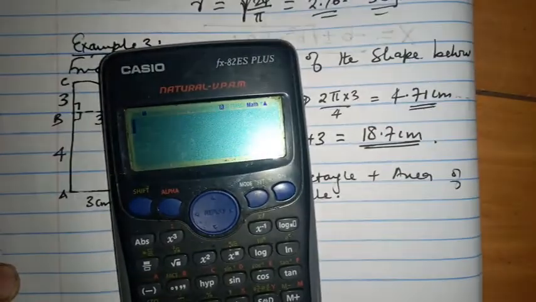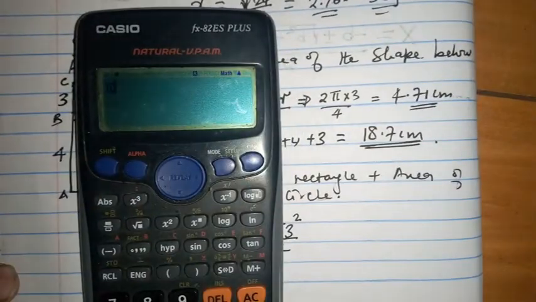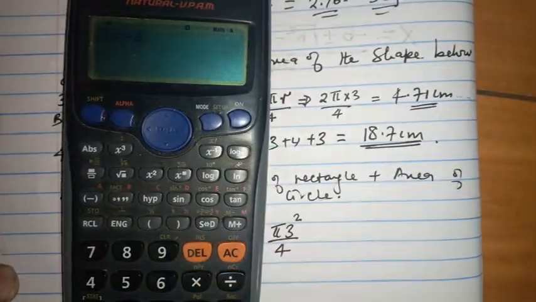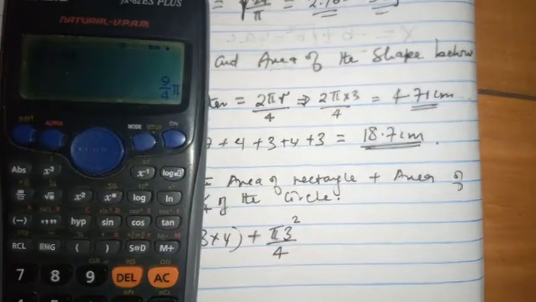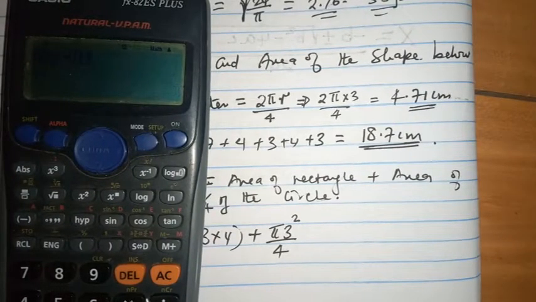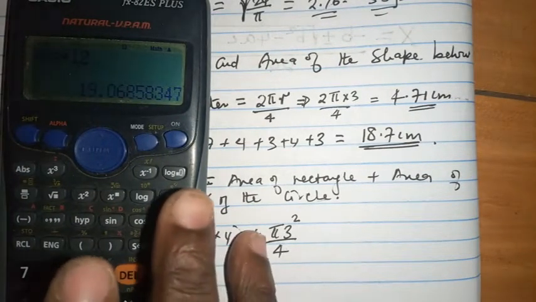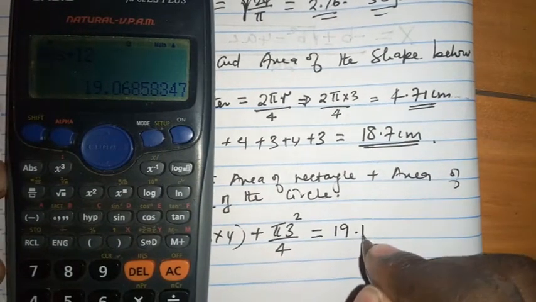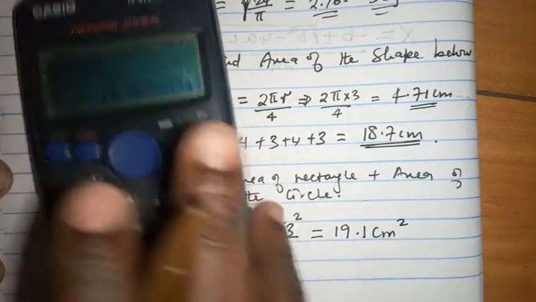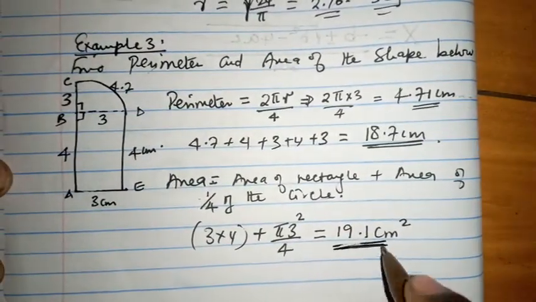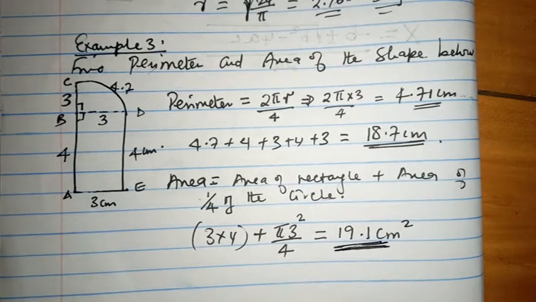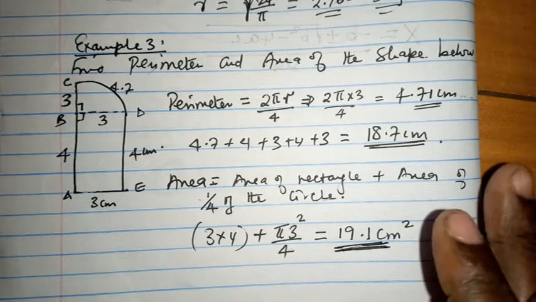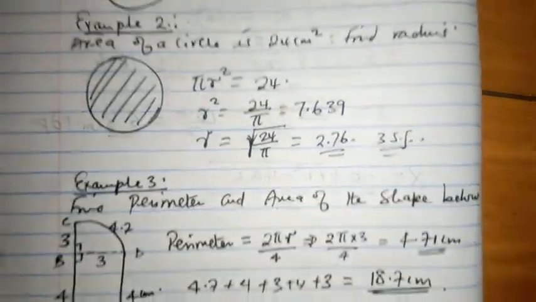Pi times 9 is simply 9 pi, divided by 4, 9 pi over 4 plus 12 equals 19.1, which is 19.1 centimeters squared, simply because we are talking about the area of that particular figure. So again, we are simply reminding ourselves how to get the area of different shapes.